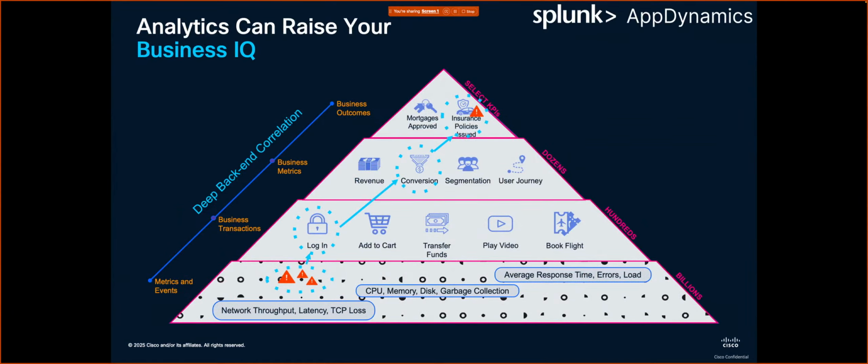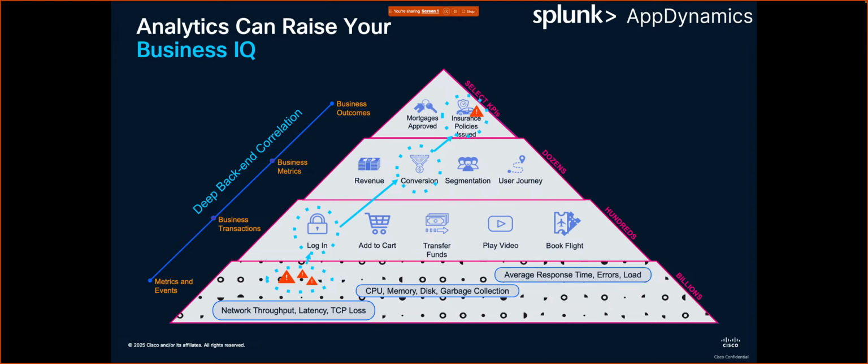So this is kind of a bottom-up explanation. Obviously, if you have an application and infrastructure and you are looking at the performance data, all of that is very important, especially to troubleshoot and to make sure things are running right.